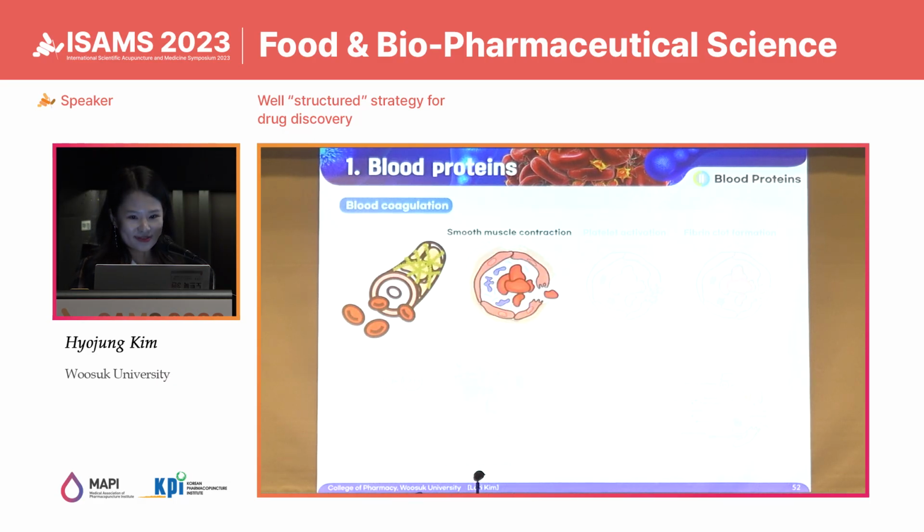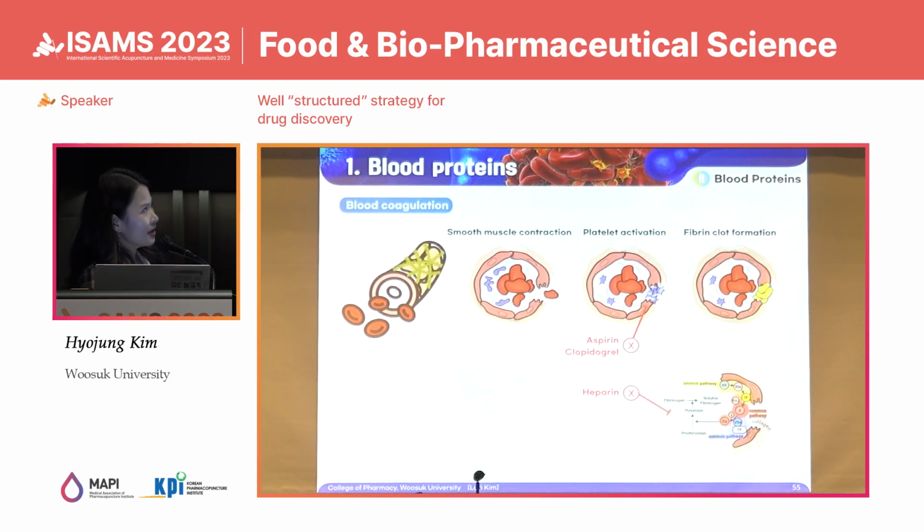But this platelet activation stage is closely related to cardiovascular disease, which is artery disease, so we block this process with aspirin or clopidogrel, which are really famous drugs these days. These two drugs will block the platelet activation.